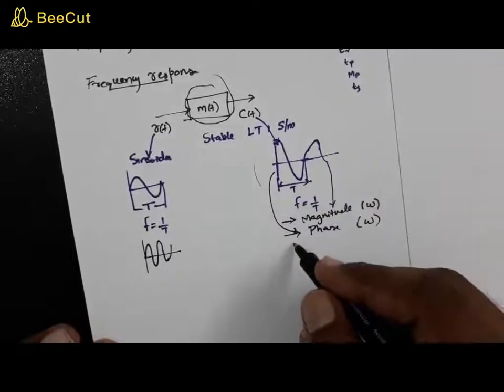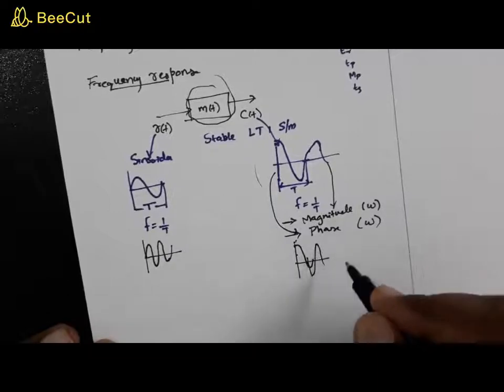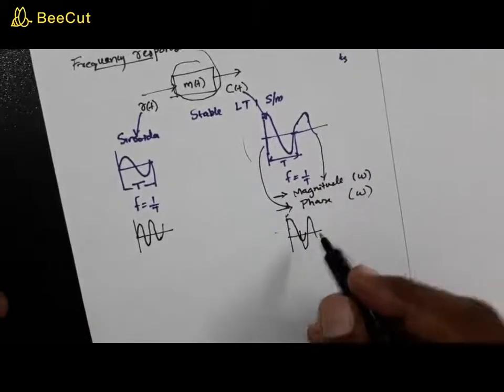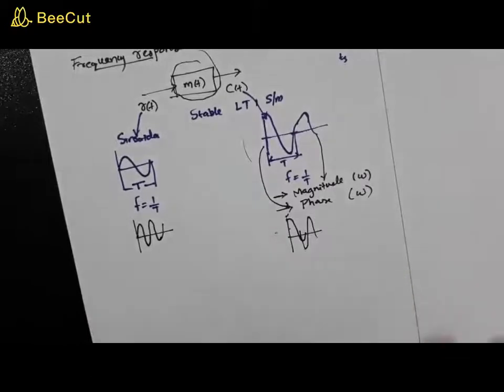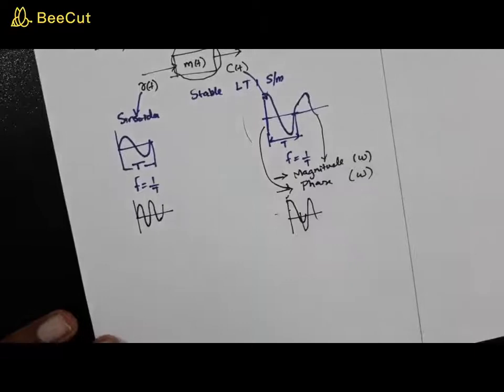Sometimes you may be getting a wave something like this. That means here also magnitude varies, phase varies. So from this you can see that the magnitude as well as the phase varies according to frequency.